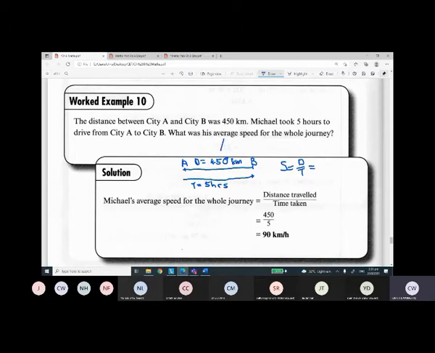The distance given to you is 450 kilometers. What is the time? The time given is 5 hours. So all you need to do is take 450 divided by 5, you have 90.